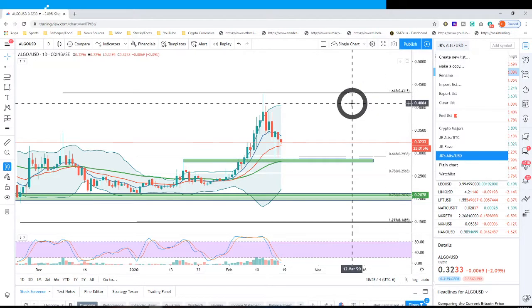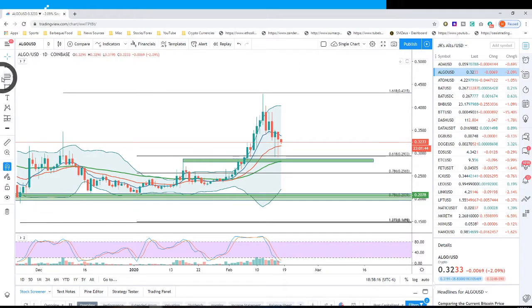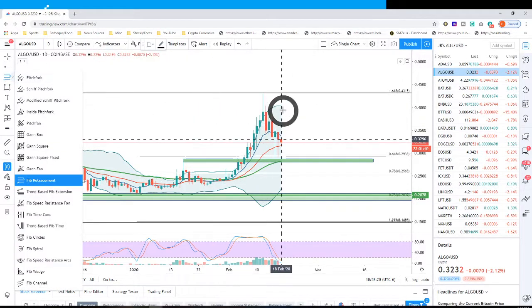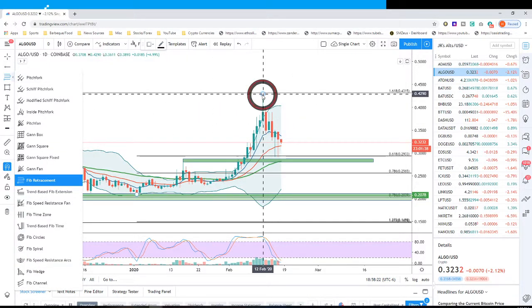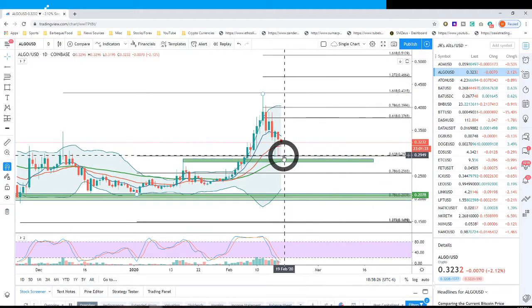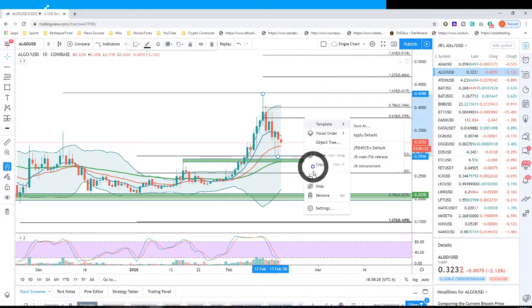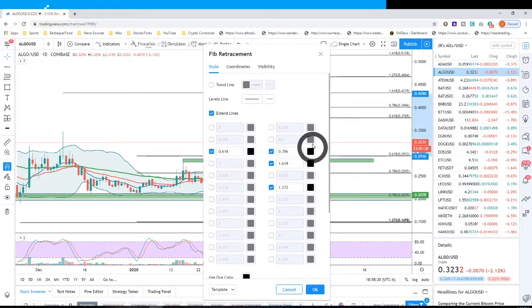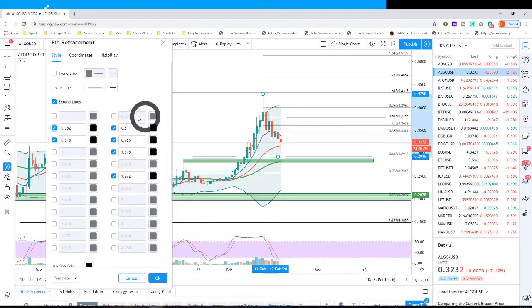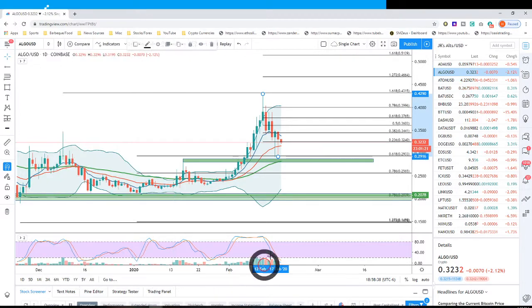All right, so that's Algo. Let's actually do this. Let's throw a retracement from the top down here to the bottom and see what lines up. And let's get 50, 38.2, and 23.6.